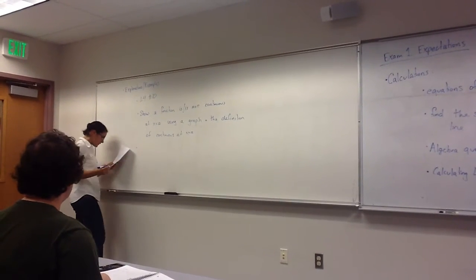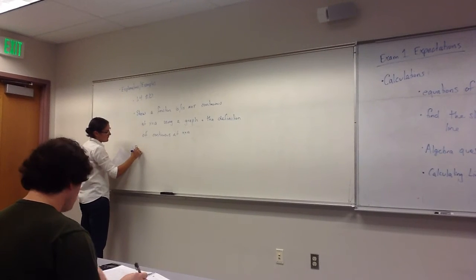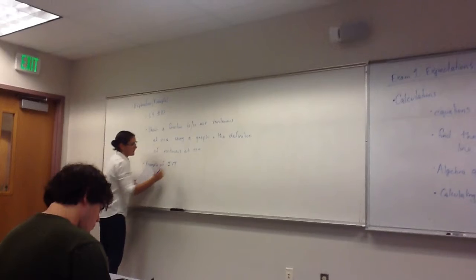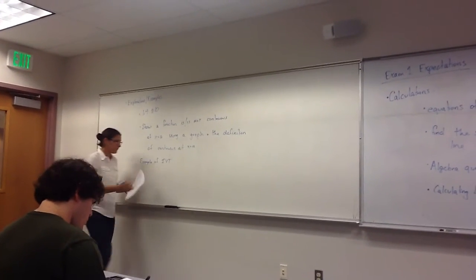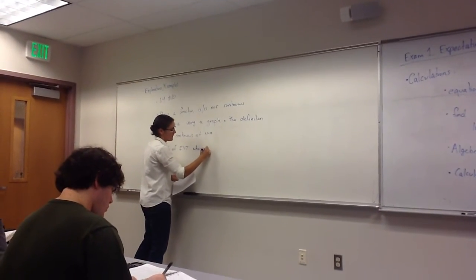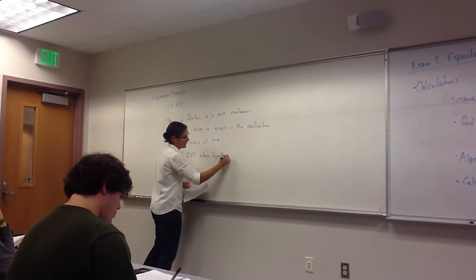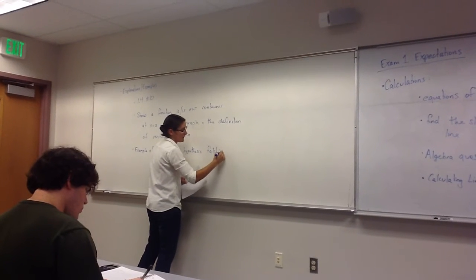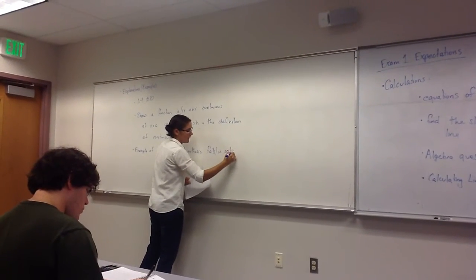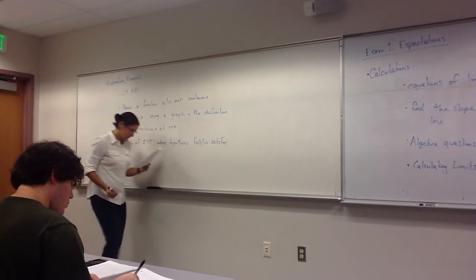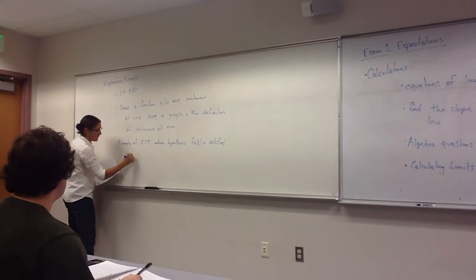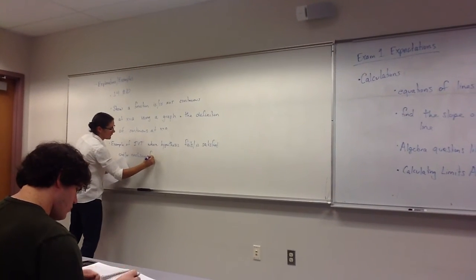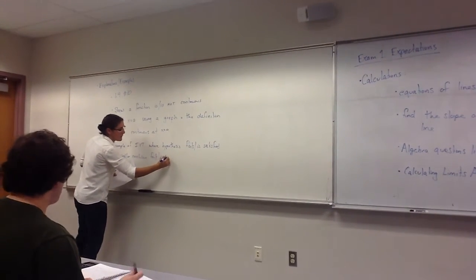Okay, so last 2 things. You might be asked to write down an example using the intermediate value theorem, where the hypothesis fails or is satisfied. And or the conclusion fails or is satisfied.